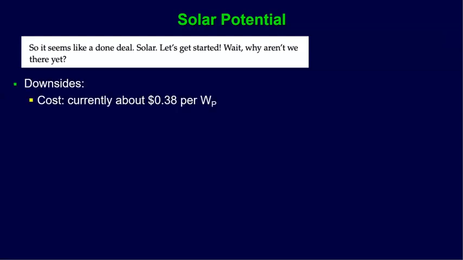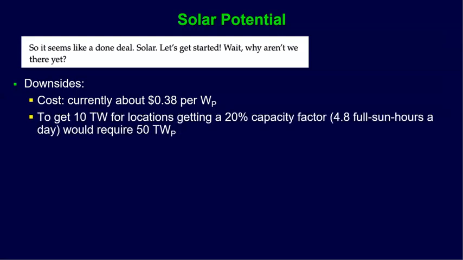Well, there are downsides, and primarily the first one is cost. Right now it's about 38 cents per peak watt when you buy a photovoltaic cell. If we wanted to match 10 terawatts of worldwide energy with solar, we're going to assume that most places get about 4.8 full sun hours a day, which is 20% of the day.